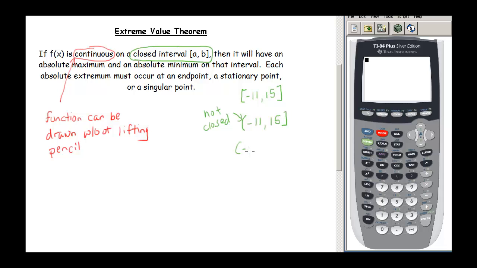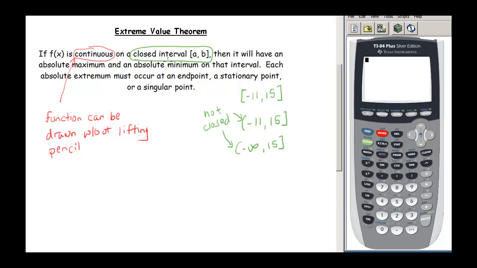Or if, say, one of the endpoints goes off towards infinity, this is another example of something that's not closed. Okay, so we have a function that is continuous and closed on this interval. Then our function will have a maximum and a minimum, an absolute max and a min on that interval, and we saw that in the last example.